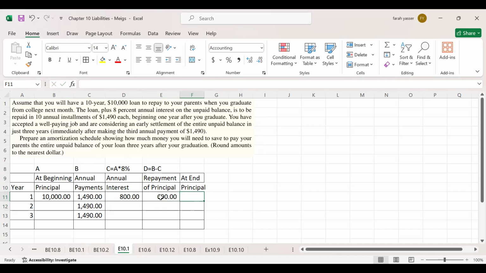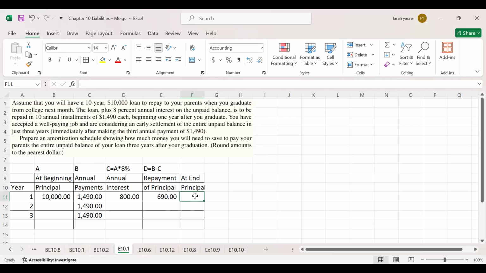Whenever you repay any amount of principal, this amount will be deducted from the main balance. At the start of year one, the total unpaid amount of the note payable was 10,000. But at the end of year one, $690 is paid from this principal amount, and this $690 is part of the annual payment.